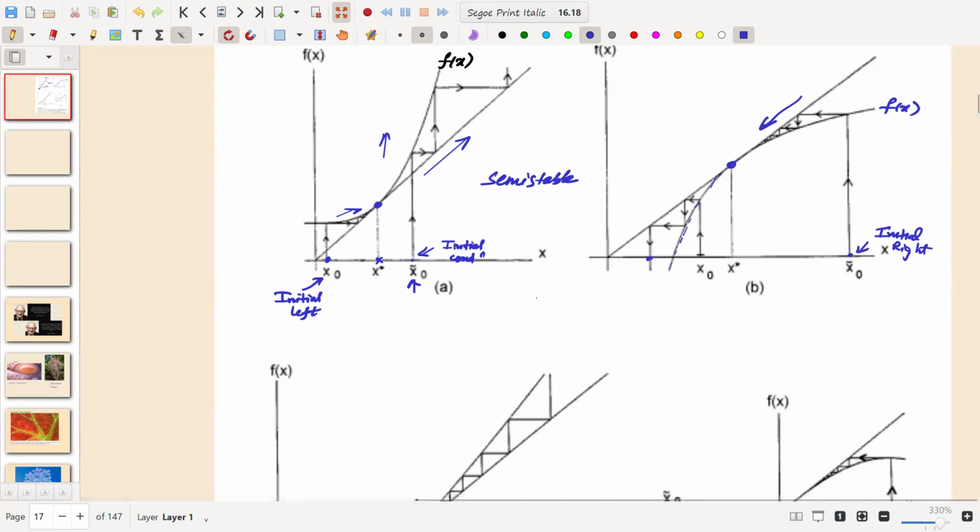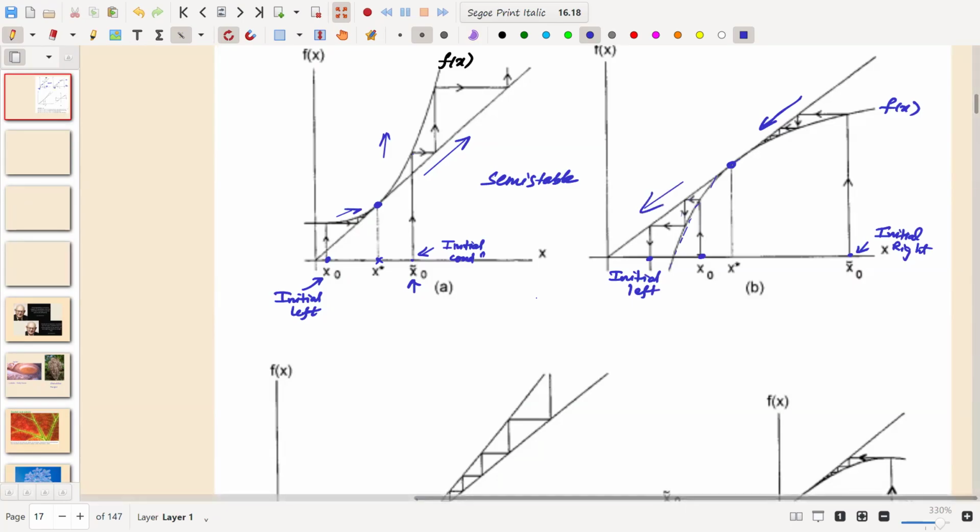But when you take an initial condition on the left, it is moving outside, away from the fixed point. So you can see on the right side it is stable, whereas on the left side it is unstable. So it is again semi-stable on the right hand side. Agree? I hope it is clear.